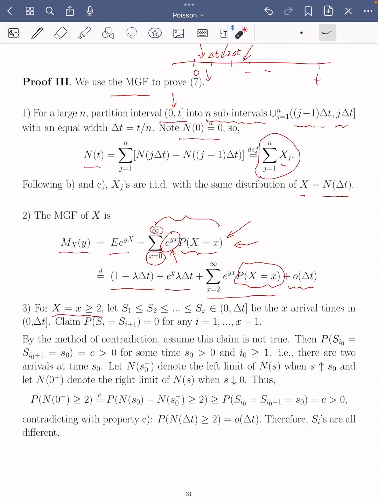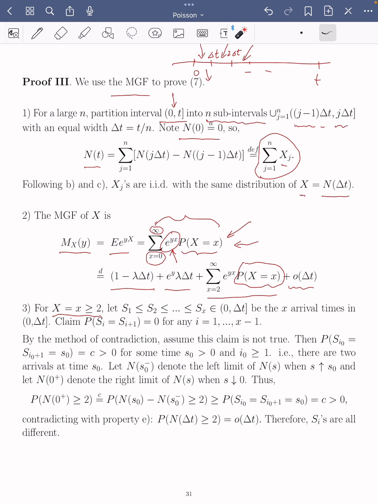This means that there are two arrivals at time S naught. Let N of S naught minus denote the left limit of N of s as s goes up to S naught.